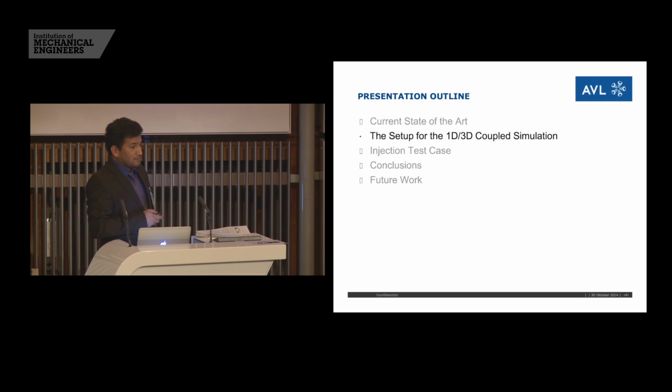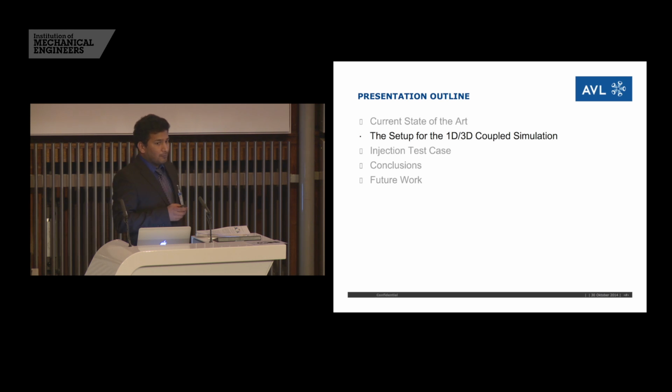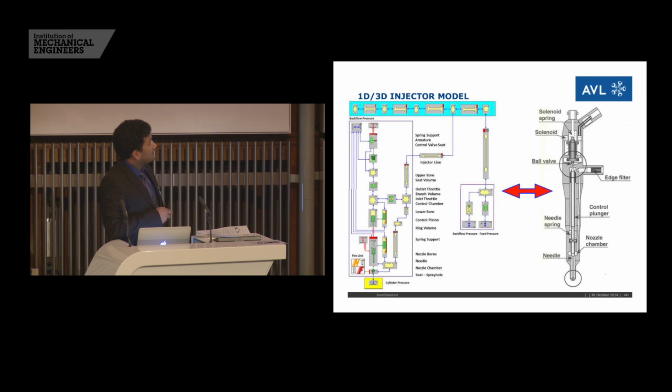So the current setup comprises a 1D-3D coupling interface. This is the 1D side, which completely resembles a cross section as I showed before, which has a common rail with different components and the needle, and there is a FIRE link between the 1D and 3D interface.